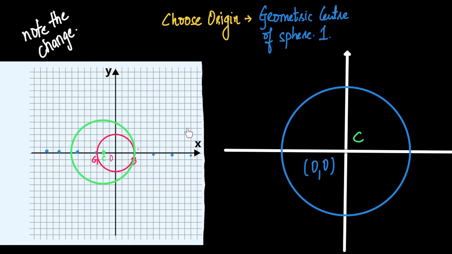So note this change. One more time. This was a reference figure. I have made a new figure. What is the change? The reference figure had the origin of the Cartesian plane at O. The new figure has the origin as the geometric center of sphere 1, which is C. So C is placed at origin.